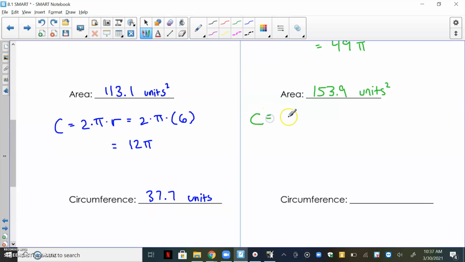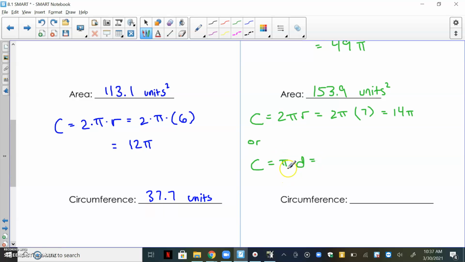For circumference, remember there are two versions of the formula. There's 2 pi r, where we would just plug in our radius, which was 7, and we would get 14 pi. The other option was to use pi times diameter.